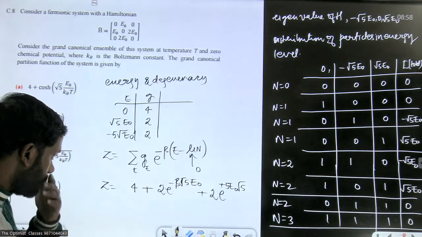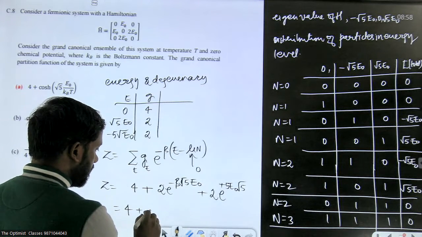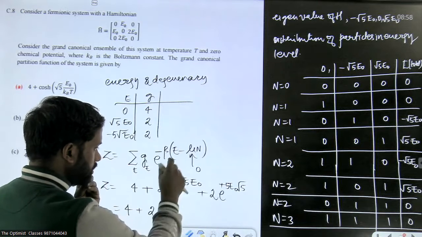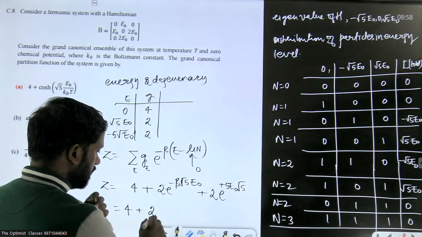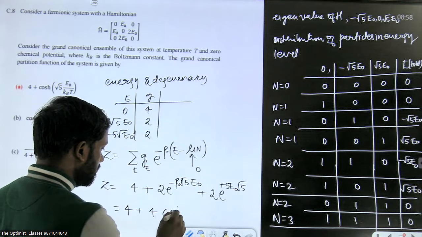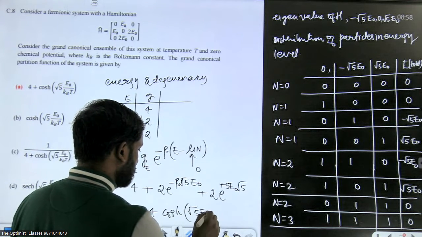Now this term simplifies to 2 times e to the power of a positive term plus e to the power of the negative term. You can divide by 2 and multiply by 2, so you get a factor of 4 and cos hyperbolic of root 5 E naught multiplied by beta.